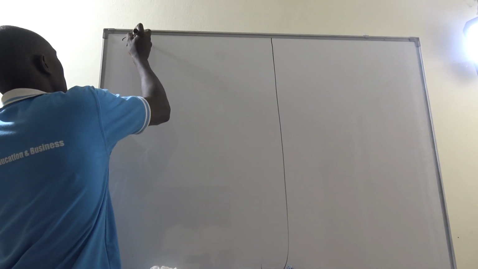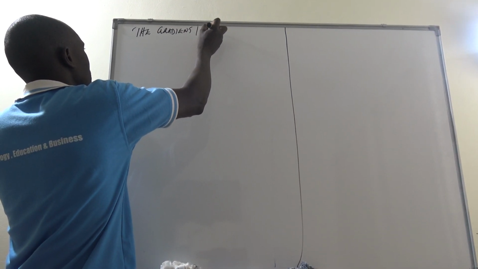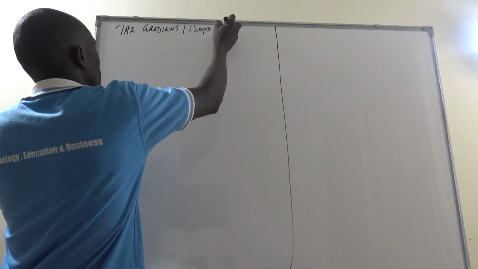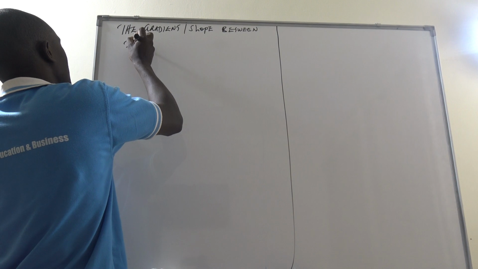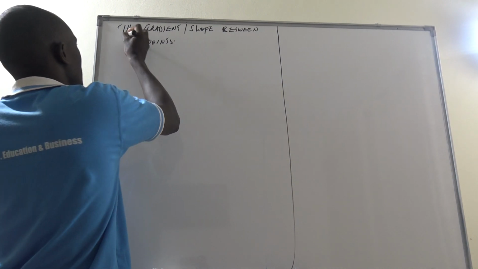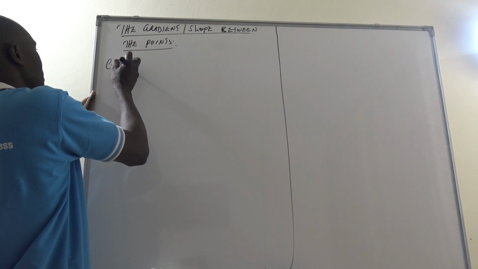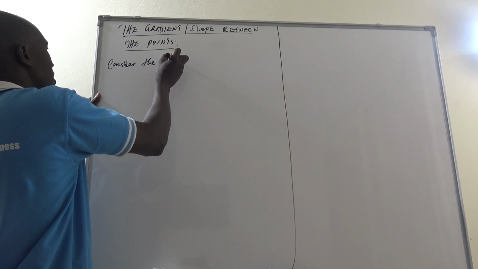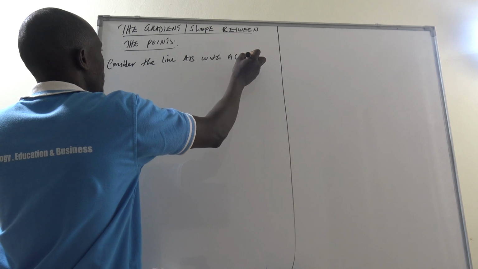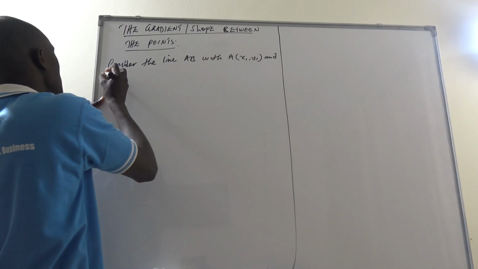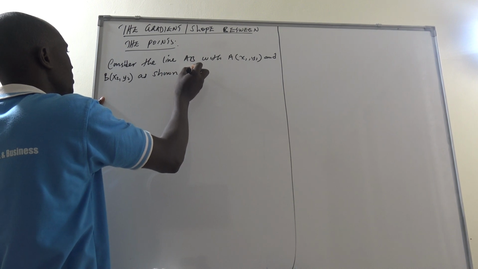Welcome to Tep Talks. This time around we are going to go on with how to get the gradient of the line. So you're looking at the gradient, and another term for gradient is slope between the points. Then you can say, consider the line AB with A (x1, y1) and B (x2, y2) as shown below.